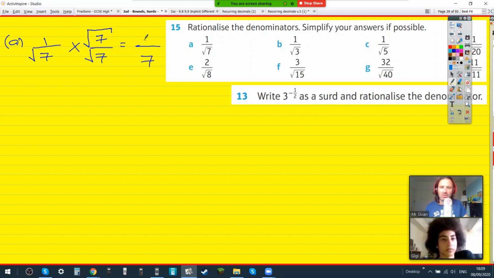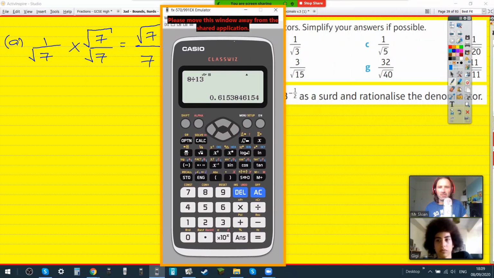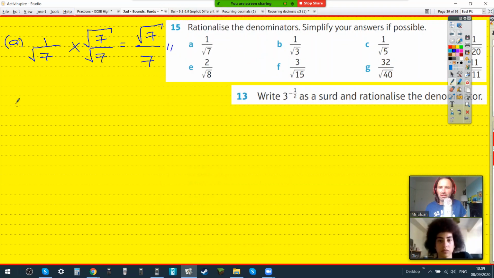And so what would go on the top? Root 7. Well done. Root 7 over 7. So that's just a different way of writing it. And if I was to put into my calculator, oh, you can't see the calculator. I'll just leave it for now. These are non-calculator anyway.